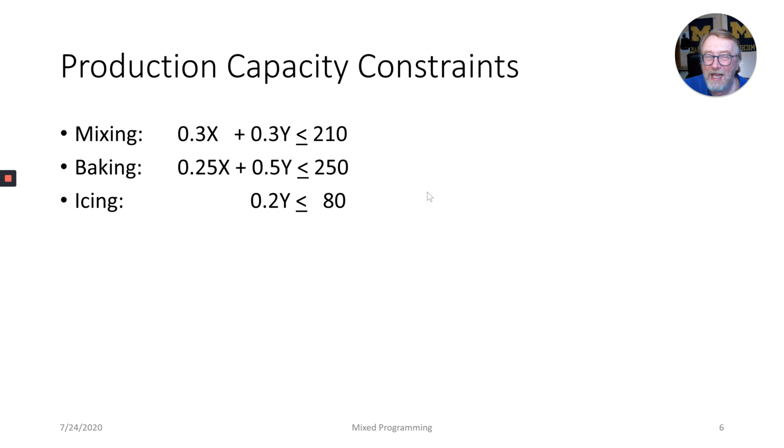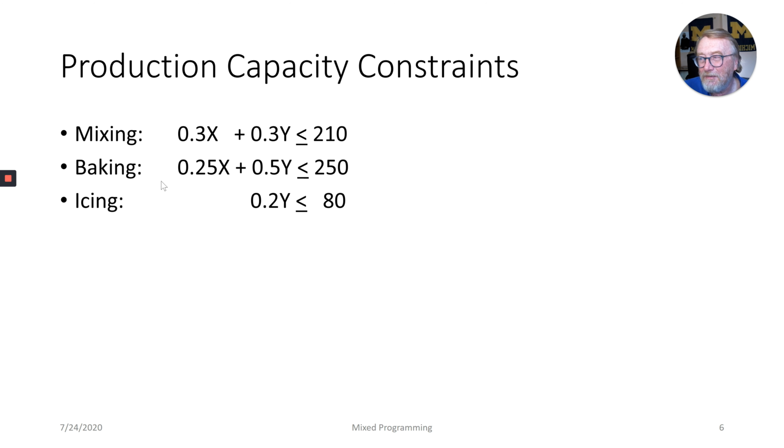All right. And we have the same production capacity constraints as before, where we have a mixing operation and we have 210 hours of mixing. Cookies and cakes consume the same amount of the mixing constraint.